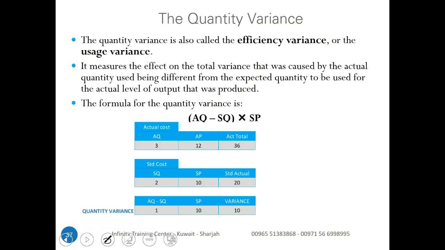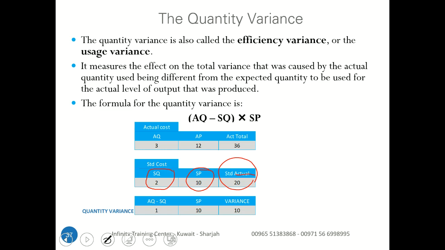So we have this example here, the same example we have seen earlier. Our standard quantity is supposed to be 2. We are supposed to use 2 pieces of raw material at what price? At $10. That is the standard. So our standard cost, not actual, is supposed to be $20.